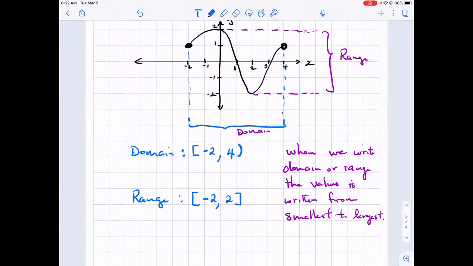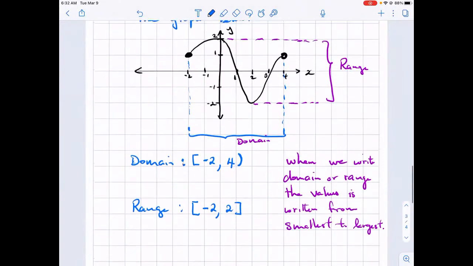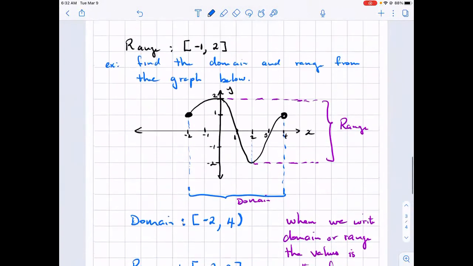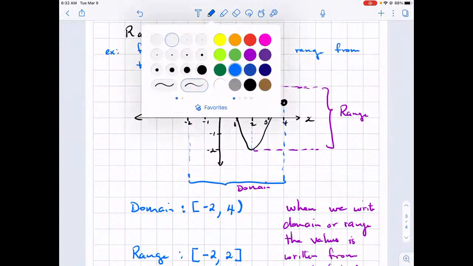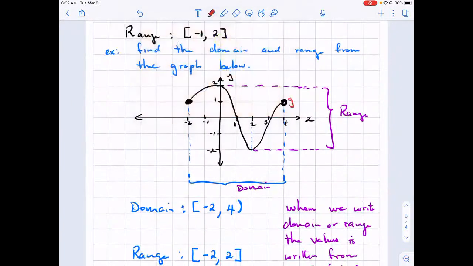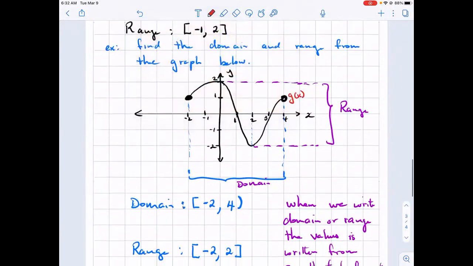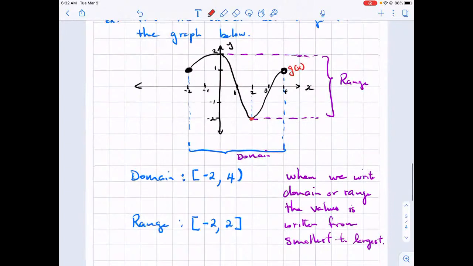Now, if you're wondering why am I using brackets and why am I using parentheses here? If you take this x value here and you plug it into the function f of x or g of x, whatever we want to call this function, let's say g of x, you will get -2.